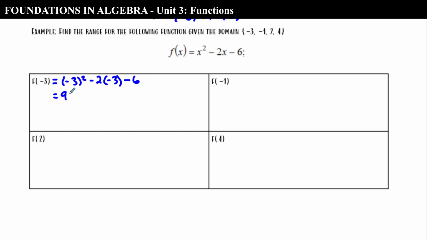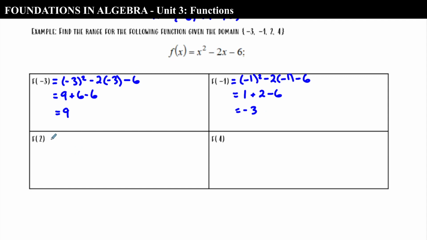And then -2 times -3 is positive 6, and then minus 6. So f of -3 is 9. F of -1, we're putting in -1 in place of x, so we've got -1 squared minus 2 times -1 minus 6. So that's going to give us 1 plus 2 minus 6. And so we get -3.